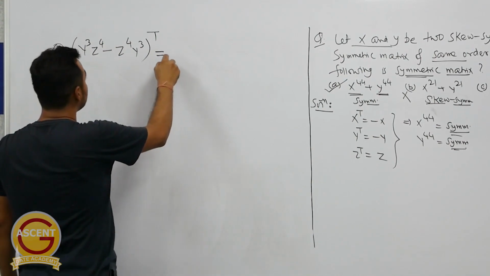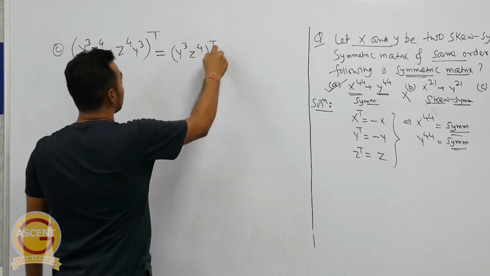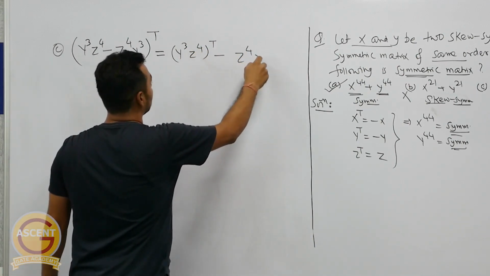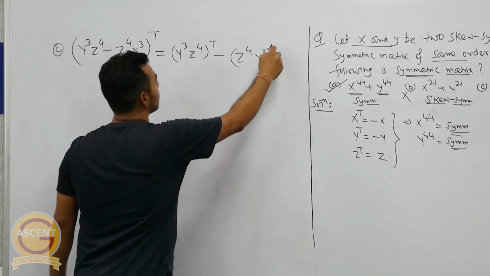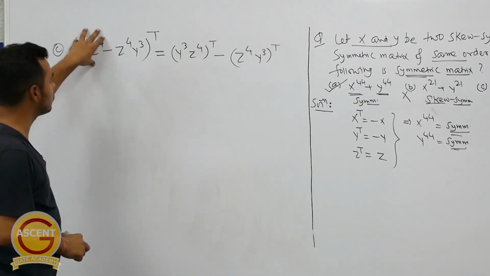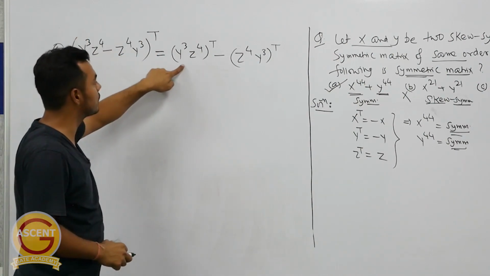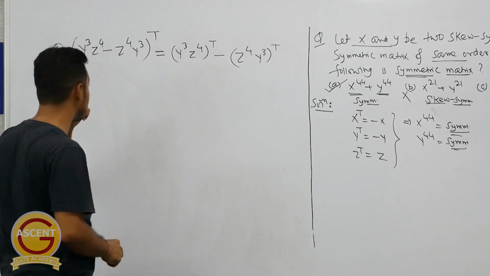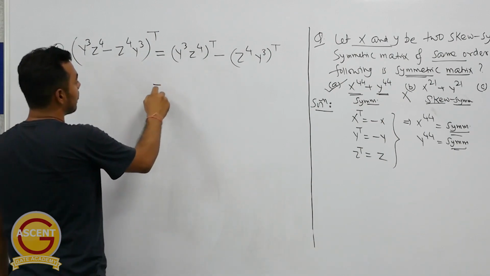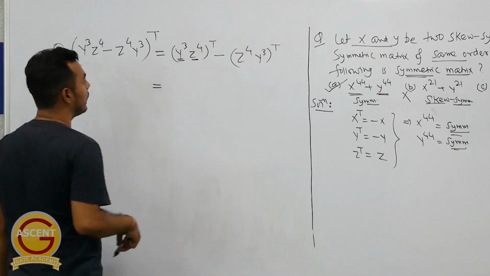So I can write this matrix as (y cube z4) transpose minus (z4 y cube) transpose. We have two matrices A and B. You can consider this matrix as one and this is another matrix. So (A minus B) transpose will be A transpose minus B transpose. Now next we have the product of these two matrices, so we have to apply the reversal law.